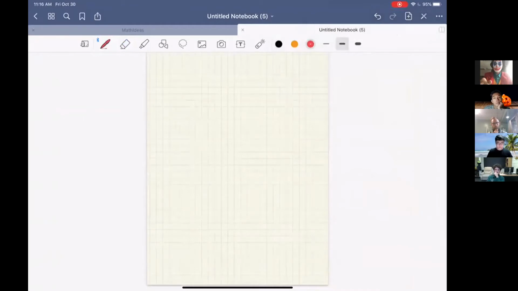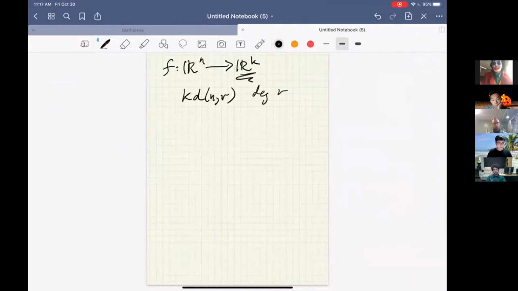And then, of course, we can do the same thing for a function from Rn to Rk. It's the same formula, except now you have k components. So you have k times d and r in degree R. And then you have to sum up over R also if you want to count all the derivatives up to a given degree.